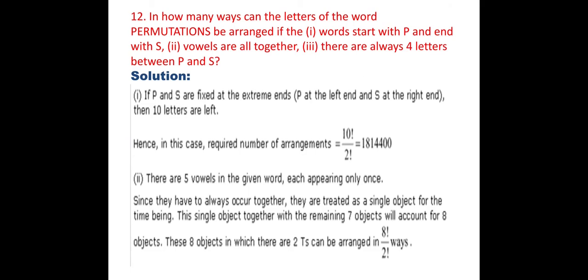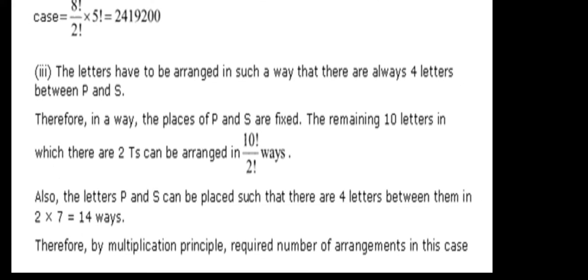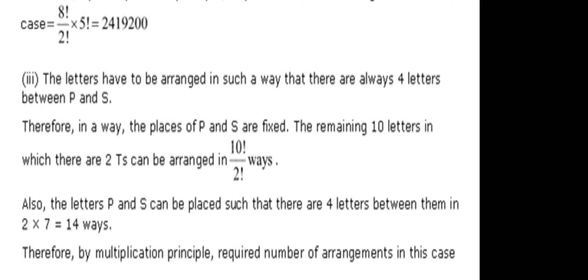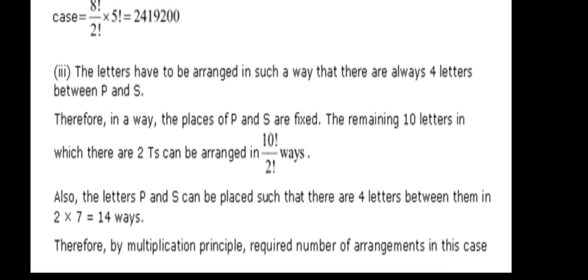The next question is: there are always 4 letters between P and S. The letters have to be arranged in such a way that there are always 4 letters between P and S. So in a way, the places of P and S are fixed. The remaining 10 letters, which include 2 T's, can be arranged in factorial 10 by factorial 2 ways.